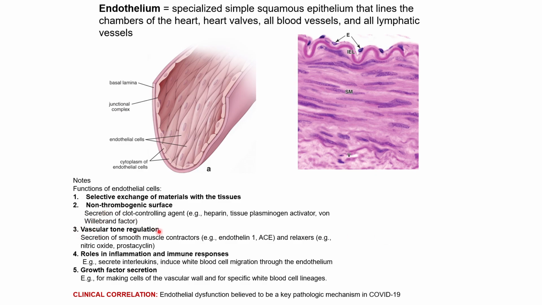They control vascular tone by secretion of smooth muscle contractors like endothelin 1 or angiotensin converting enzyme, or also relaxers like nitric oxide and prostacyclin. They have roles in inflammation and immune responses through the secretion of different kinds of interleukins and other growth factors.